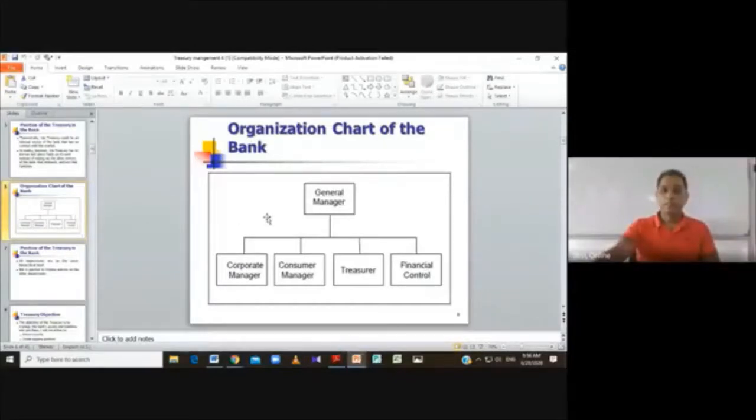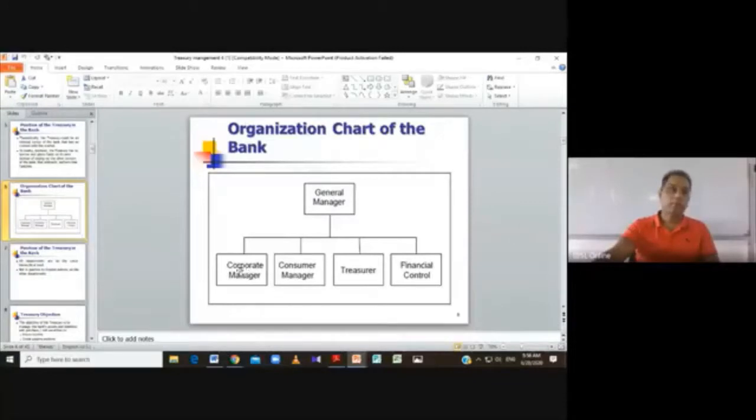Okay, so the organization chart, very simple. You have the CEO or general manager, and then, in a very simplistic way of putting it, these are the main business areas the bank would have. Then you have the corporate manager. In most places, this is called head of corporate banking or head of commercial banking.